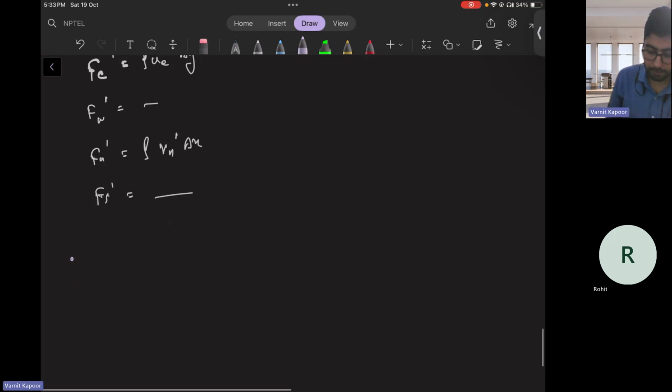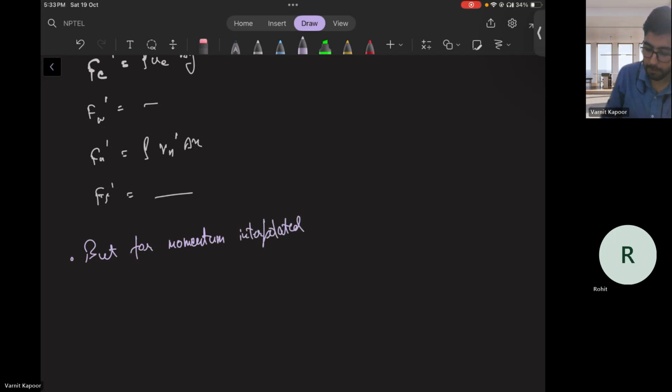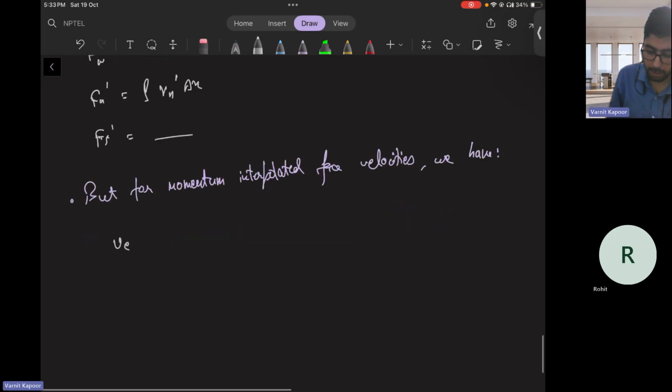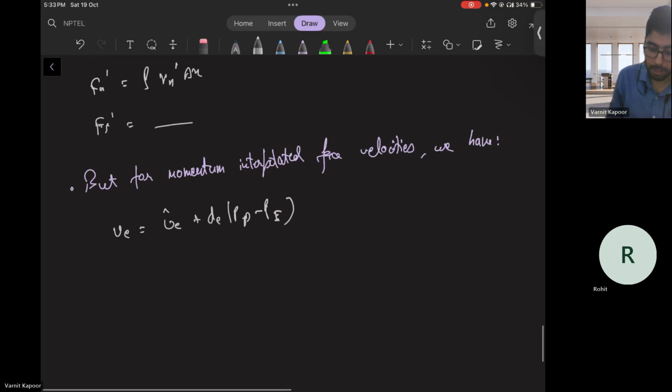From the momentum interpolated phase velocities, we have UE is nothing but UE hat plus DE into PP minus PE, and UE star is similarly UE star hat plus DE into PP star minus PE star.